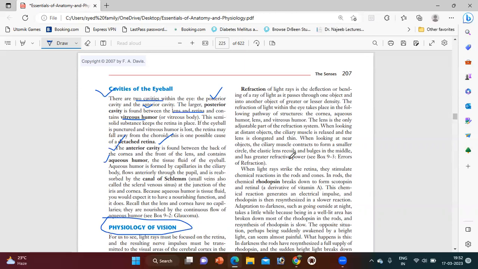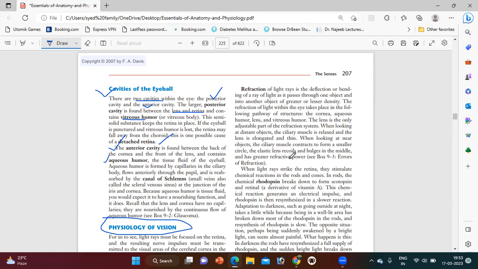So basically, here one term is explained, that is refraction. What does it mean? It means whenever light rays enter into our eye, they have to bend. So with the help of the lens, the rays of light will enter into the eye.